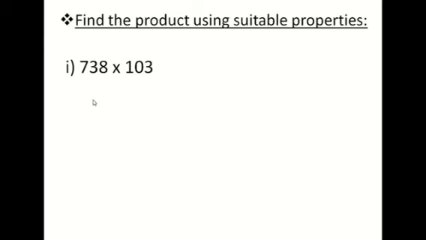Here 738, keep it as it is. 103 you write as 100 plus 3. Understood what I told? 738, keep it as it is, into, instead of 103 we will write 100 plus 3.